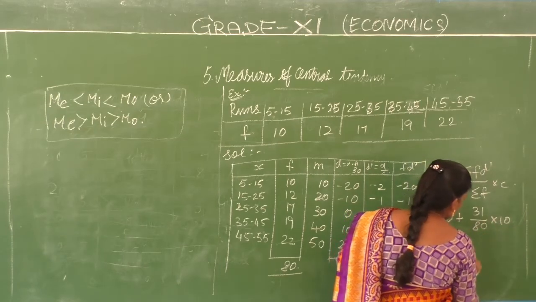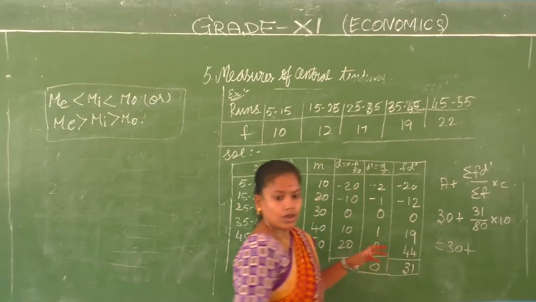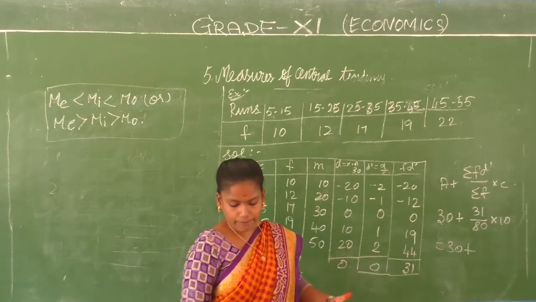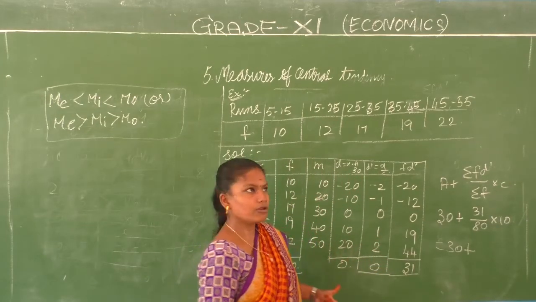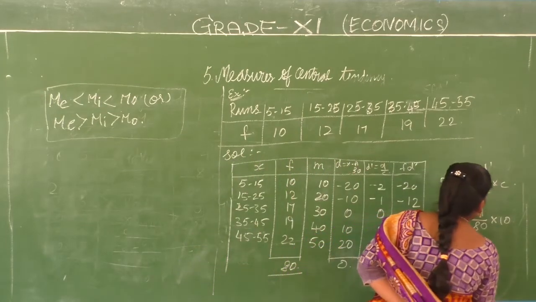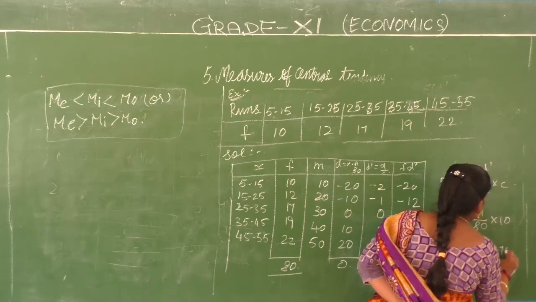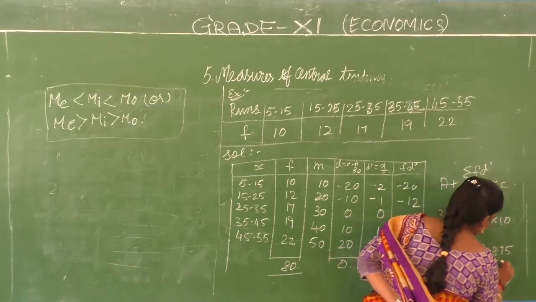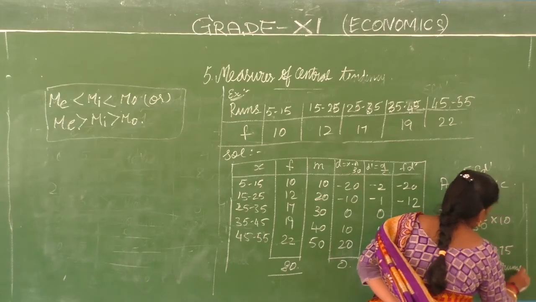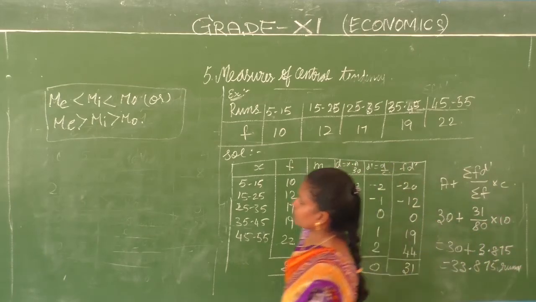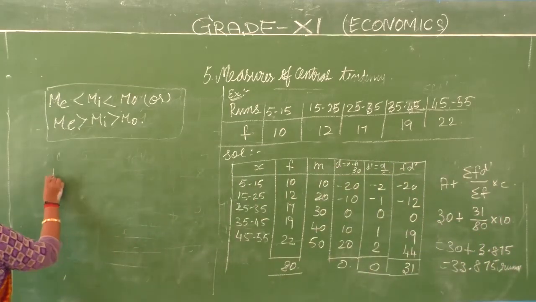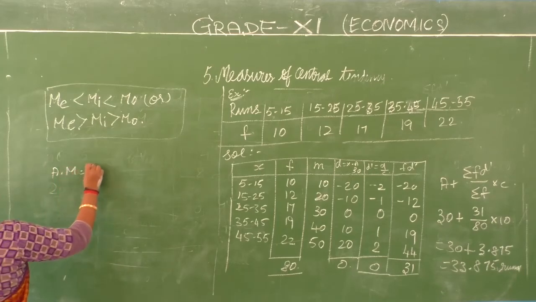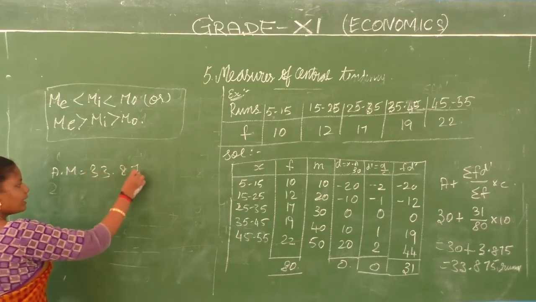So 30 plus, when you do your calculation, you will get a value of 3.875. So first you have found your arithmetic mean, which is 33.875.